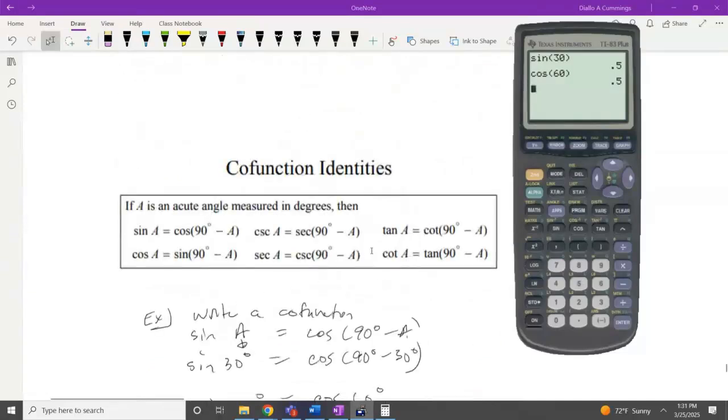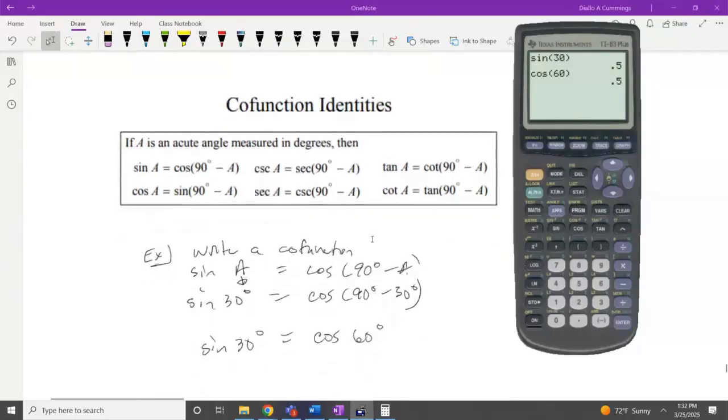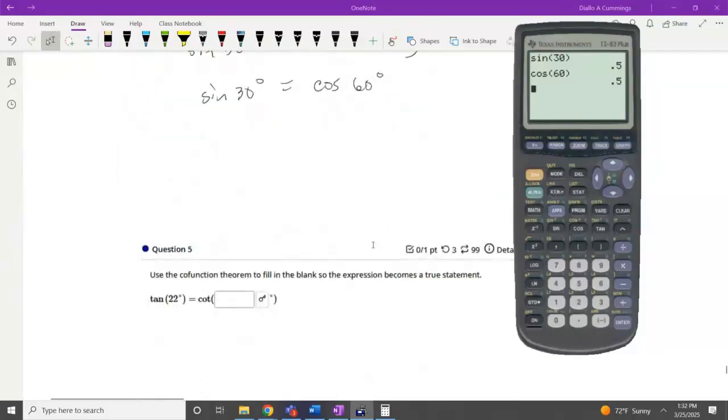If I go back to my formulas, this third formula at the top says the tangent of A is equal to the cotangent of 90 degrees minus A. So in this formula, wherever I see an A, I'm going to substitute it with 22.